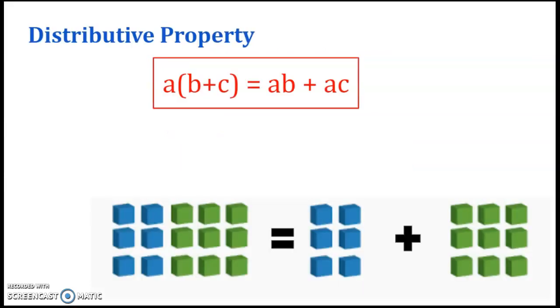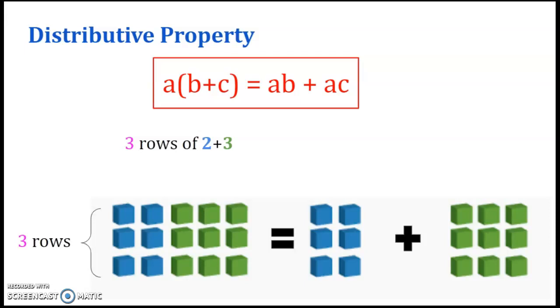Now, if you recall from the last lesson, the distributive property simply states that when you have some number a multiplied in parentheses to b plus c, then the result will be the same as a times b plus a times c. Or visually, you can see this as if you have 3 rows of 5 blocks, then you can separate the 5 blocks as 2 and 3.